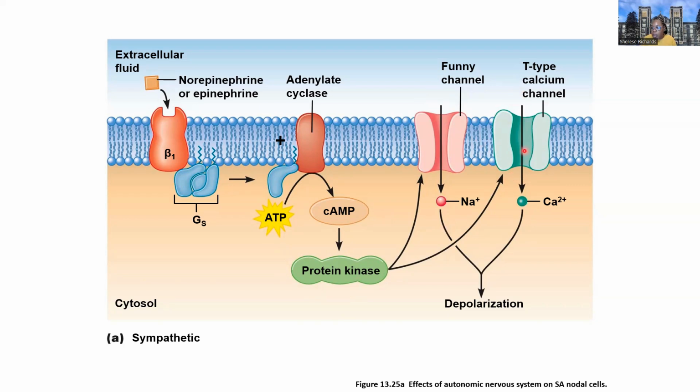And so those two will open up, calcium can rush into the cell, and that will further depolarize the cell. So this is just tying together events that we've talked about previously to show how the sympathetic system, by way of the autonomic, by way of the neurotransmitter release and the receptors here, can bring about an increase in the SA nodal firing rate and an increase in the heart rate.